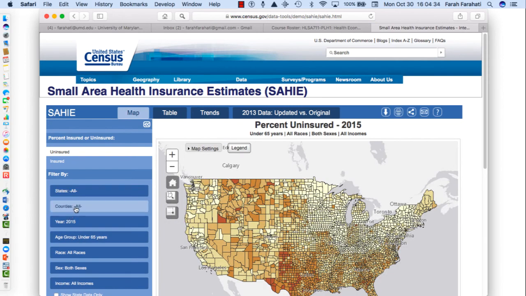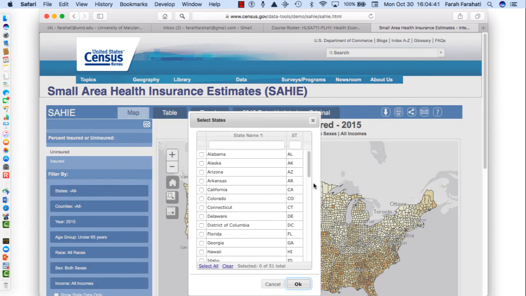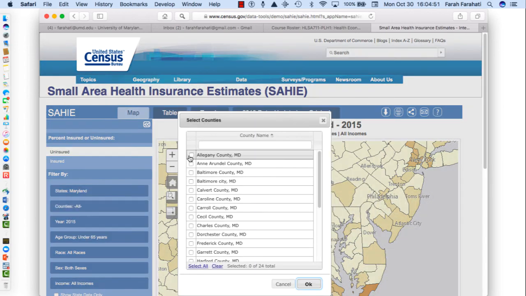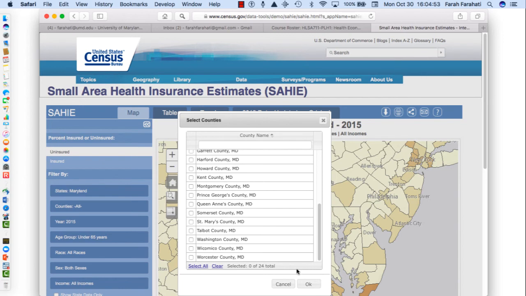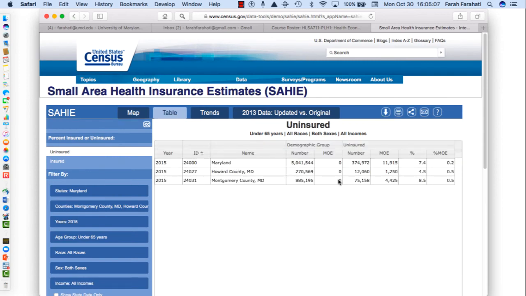If you go to the left, you can choose the state here. Suppose that I'm choosing Maryland, and then you can also look at the counties and compare two counties. For example, I'm going to choose Montgomery versus Howard County, and then I look at the table.